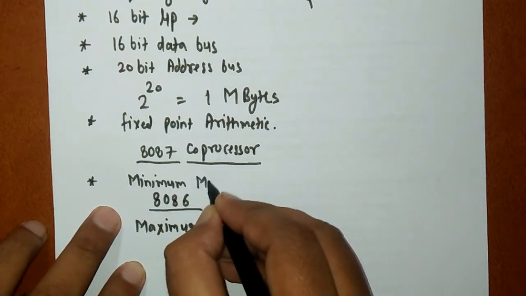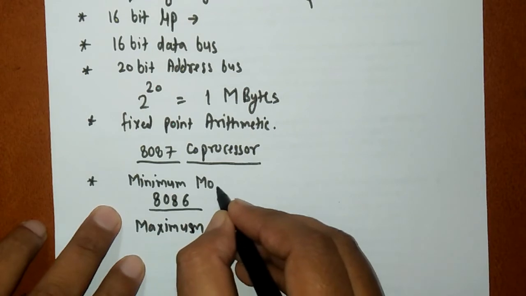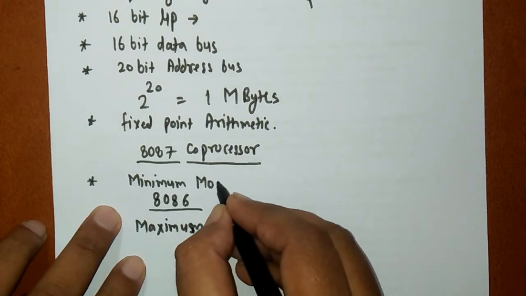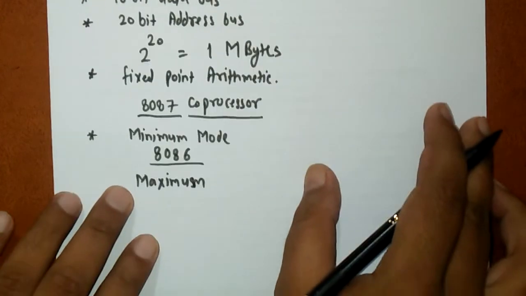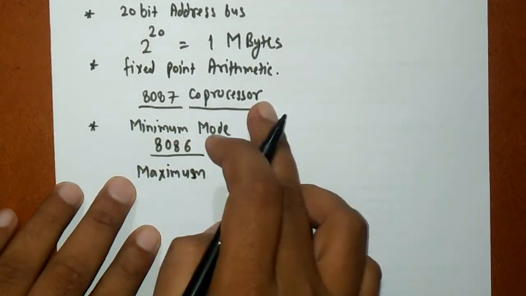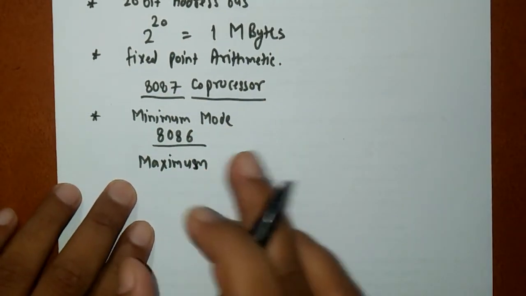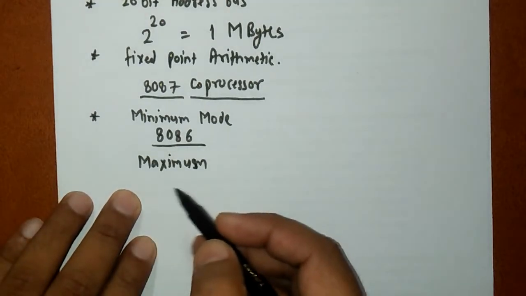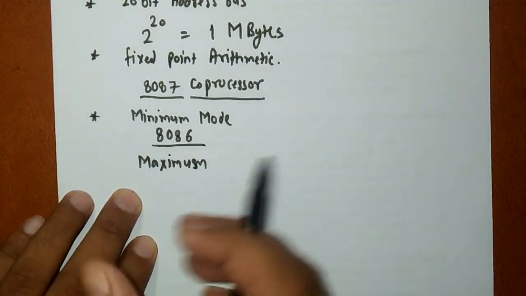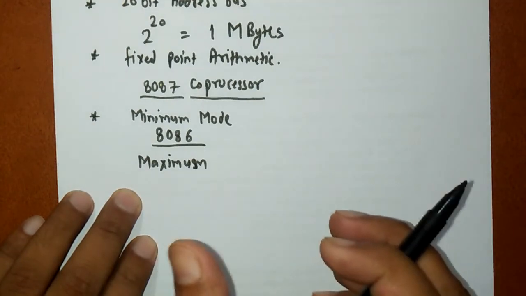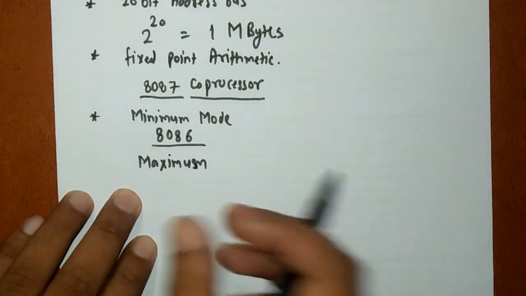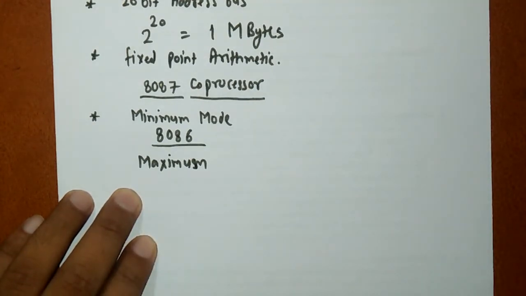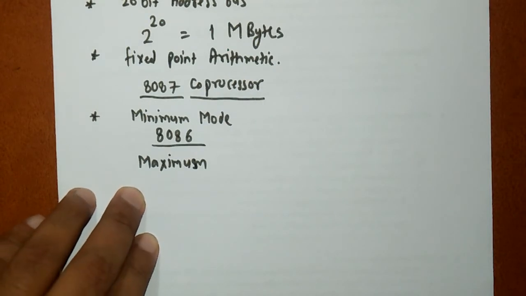But if you are using 8087 coprocessor with 8086, in that case there will be two processors, there will be two masters. So in that case 8086 cannot generate signals to access memory or to access input output devices. In that case we need an external bus controller to generate signals.